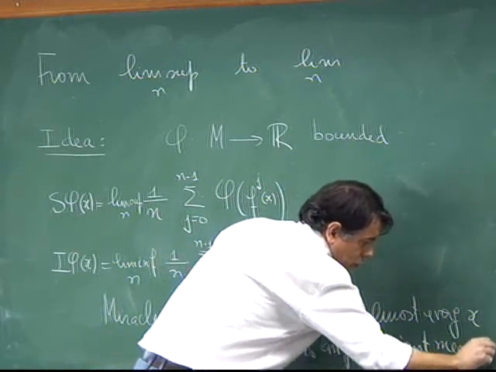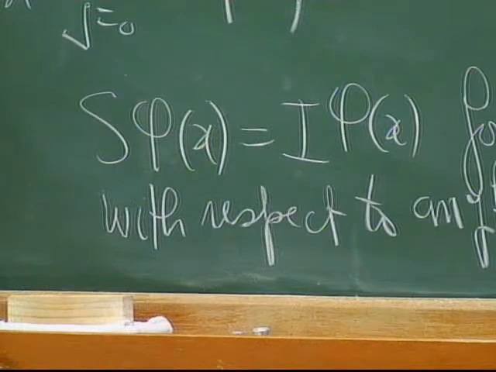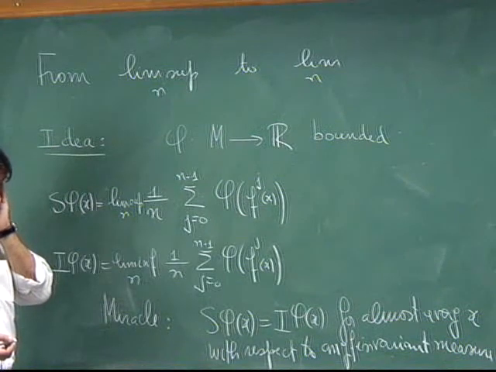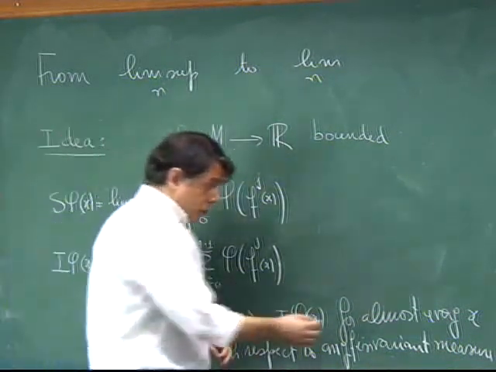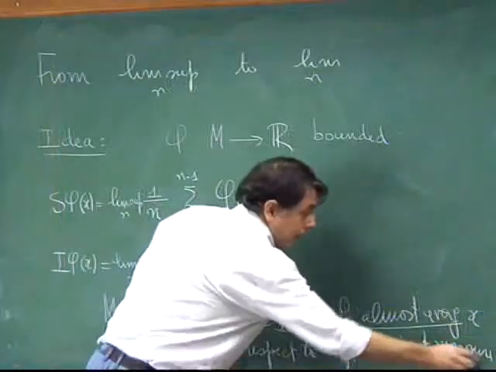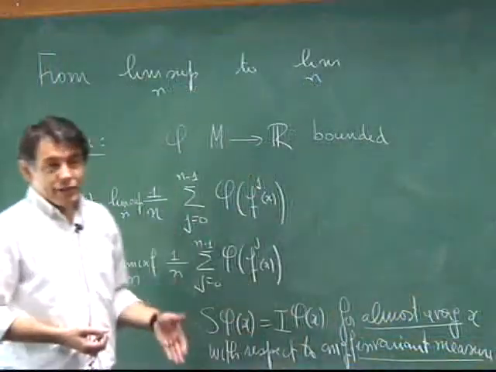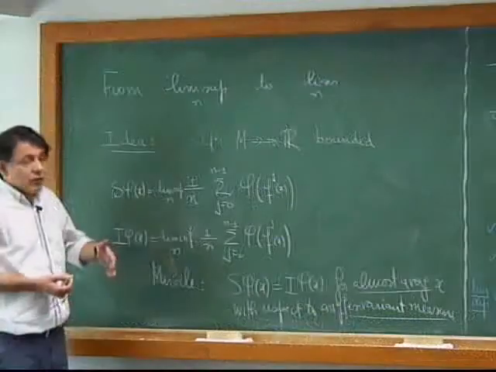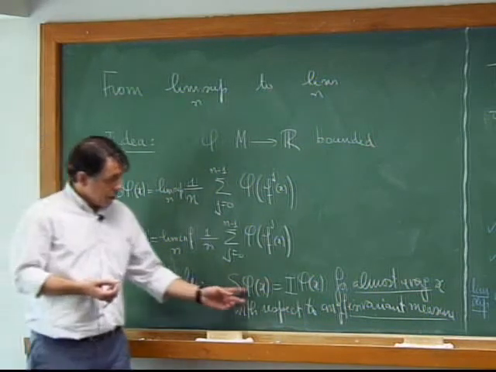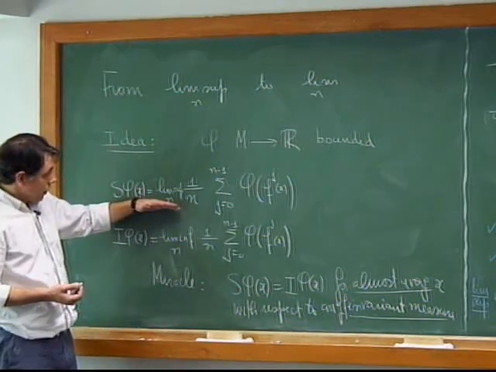Well, I'm not stating anything new. This is the ergodic theorem. What I'm stressing here is that in ergodic theory, miracles can happen, and basically ergodic theory exists because if you want to talk about almost every point with respect to an invariant measure, then the behavior of almost every point is much, much better than the behavior of any point. Almost any point tends to have a well-defined behavior. For example, in this elementary situation, the limit actually exists.